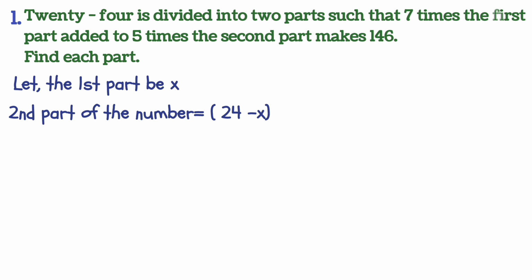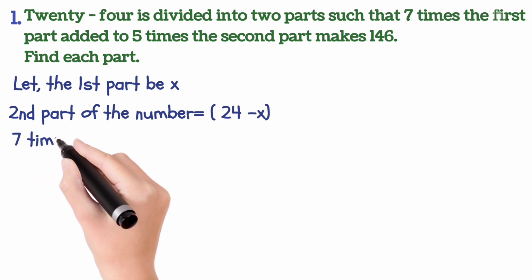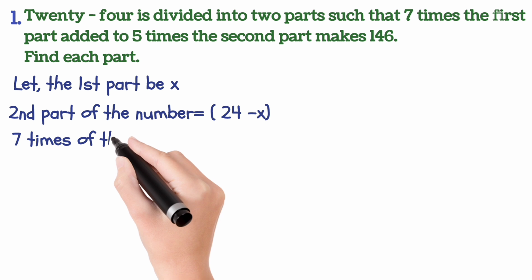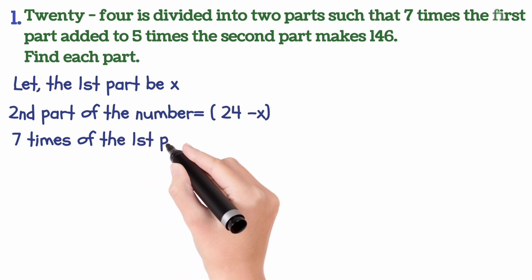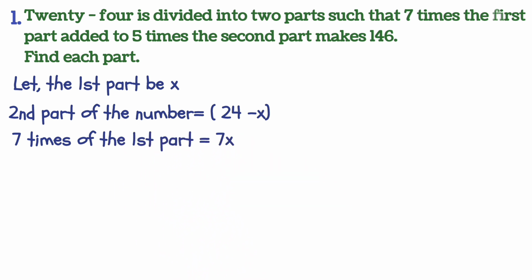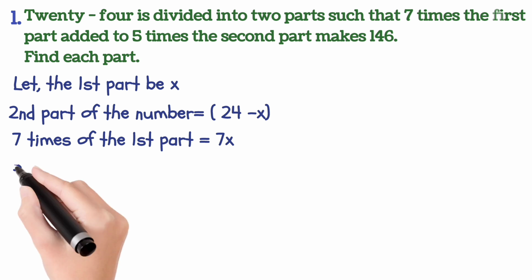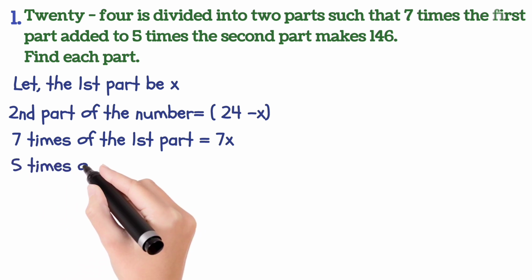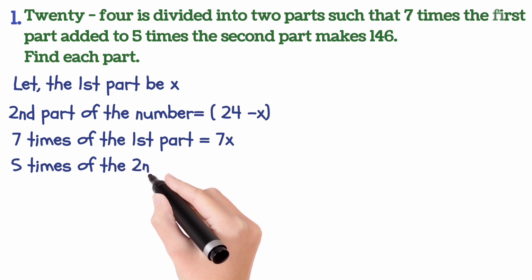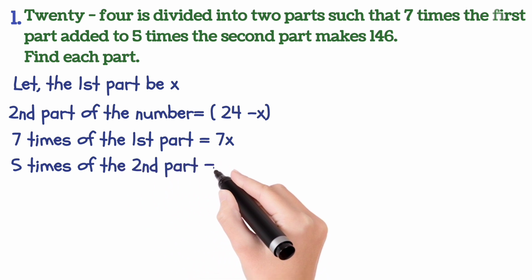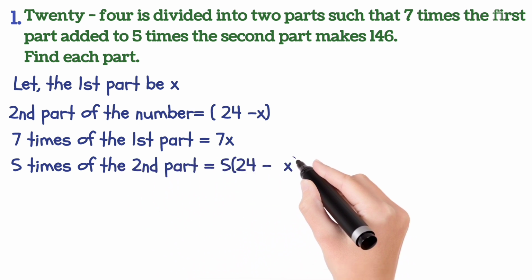Now it is saying 7 times of the first part. So what will be 7 times of the first part? 7x. And it is saying 5 times of the second part. Our second part is 24 minus x, right? So 5 times of second part is equal to 5 into (24 minus x).